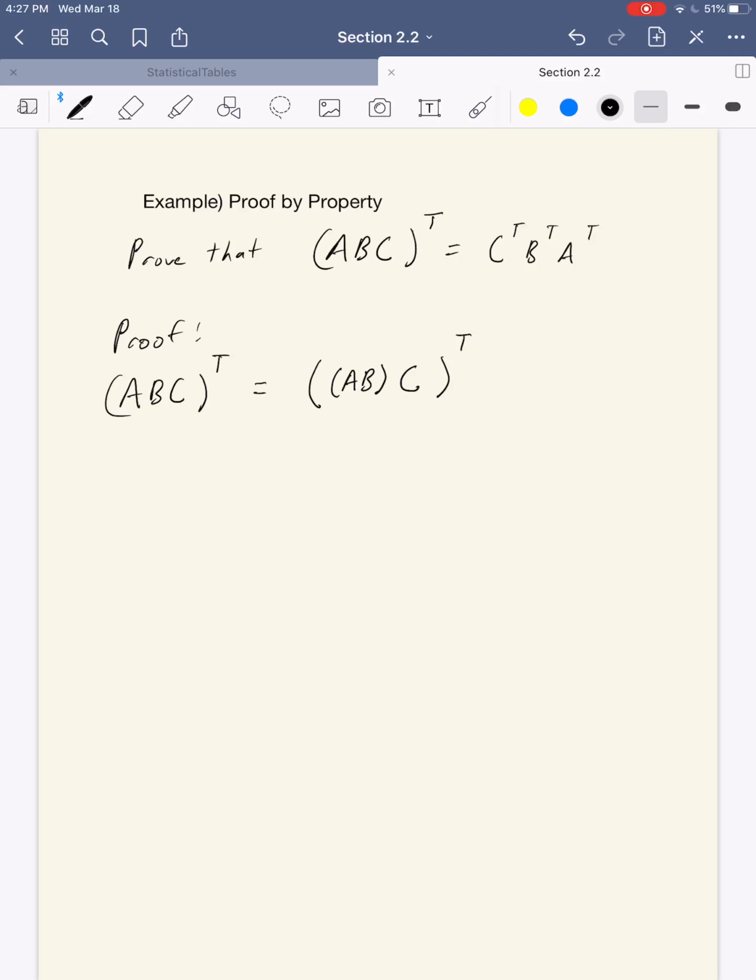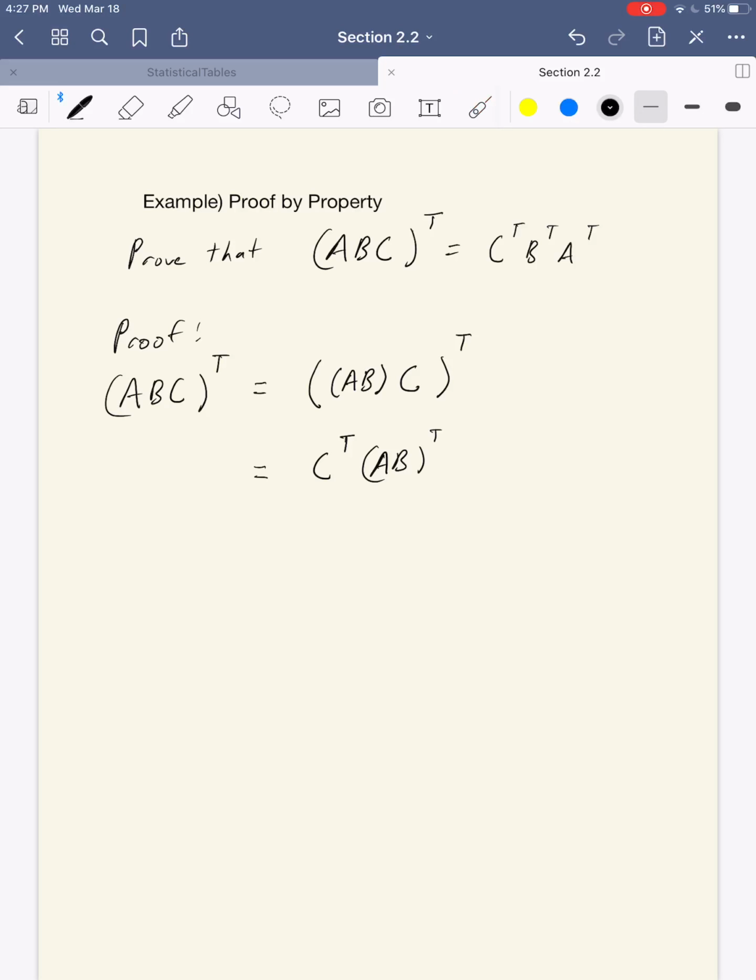Now we have a property that says if you have the transpose of a product, which we now do, then that transpose will distribute over the product, but it'll change the order. So this will be equivalent to C transpose and then AB transpose, because we know that the transpose, when it distributes over a multiplication, changes the order, and then each has its transpose.